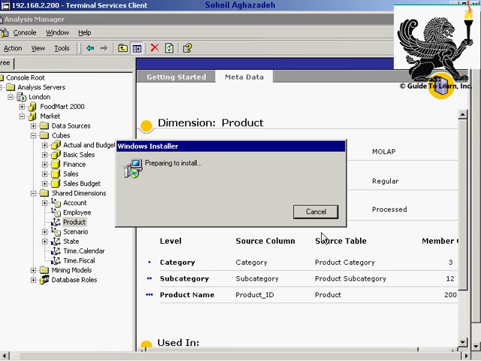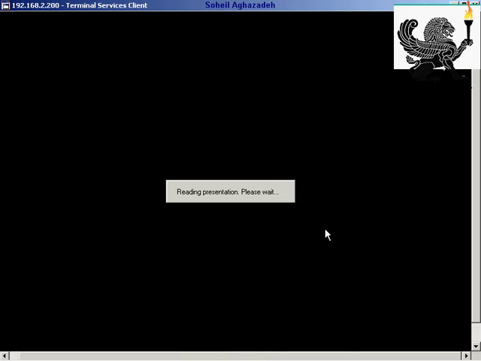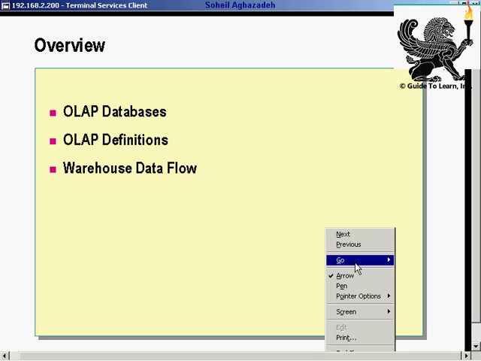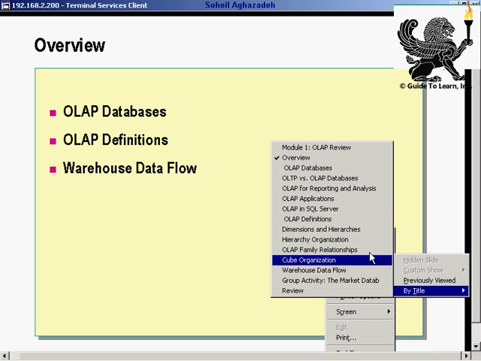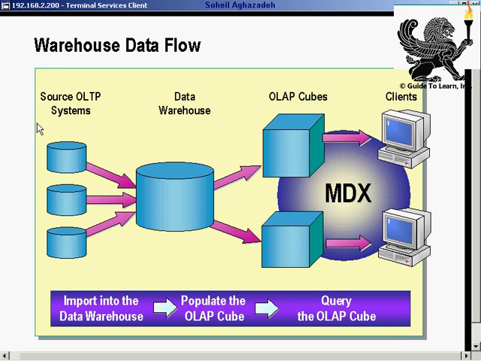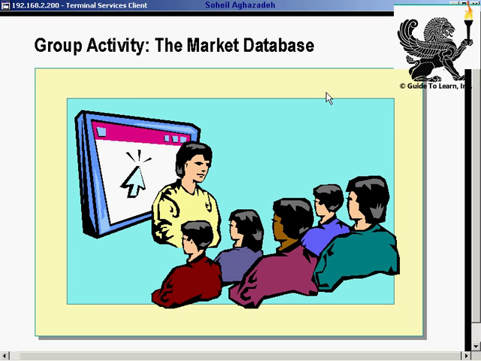So let's switch back here to our discussion, and let's see what we have talked about so far. We actually talked about databases. We talked about the comparison between OLTP and OLAP. We discussed some of the applications, some of the reporting technologies, and of course we talked about the cube organization and so forth, and the data flow as well. So the market database was exposed to you.